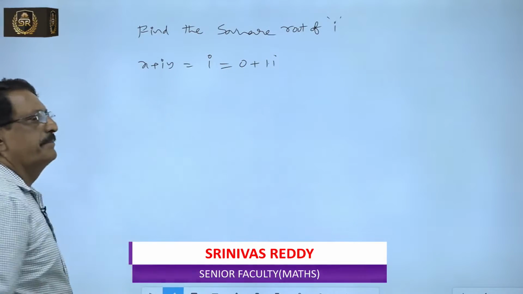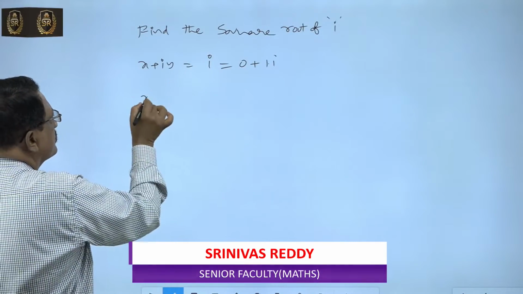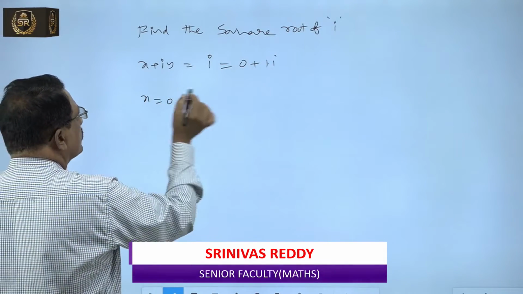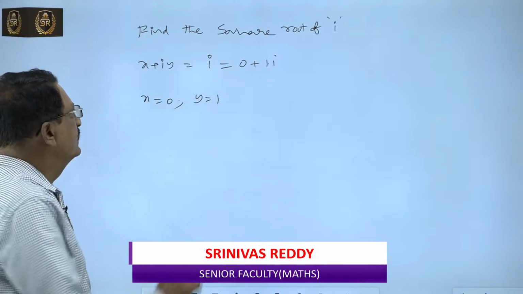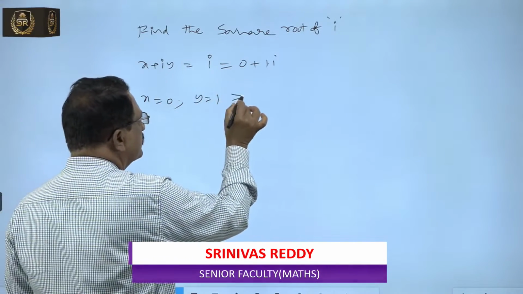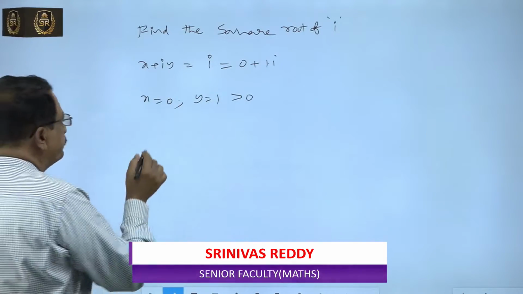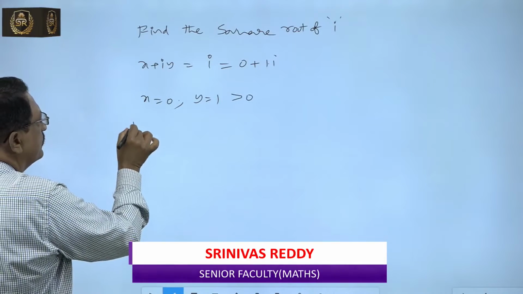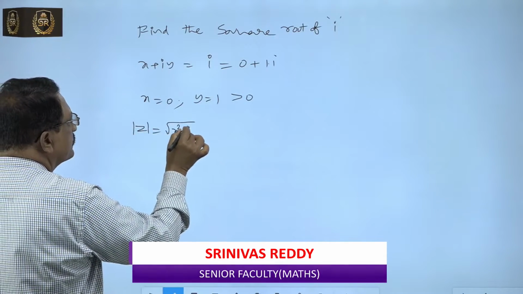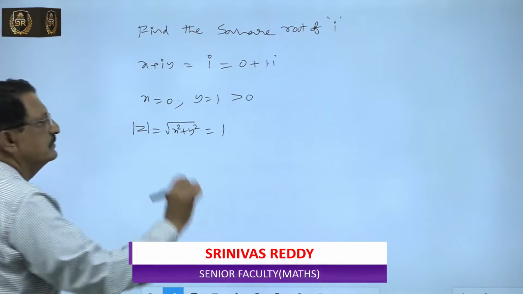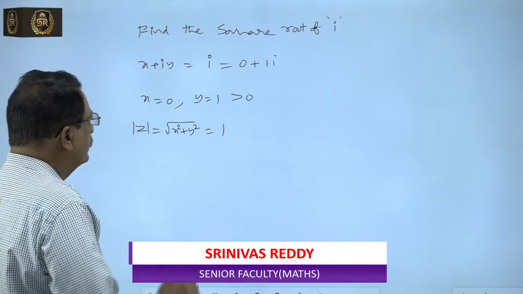Therefore equate x equals 0, y equals 1, but y greater than 0, a positive value. Now we require the square root of i. Next, what is mod z? It equals square root of x square plus y square, which equals 1.